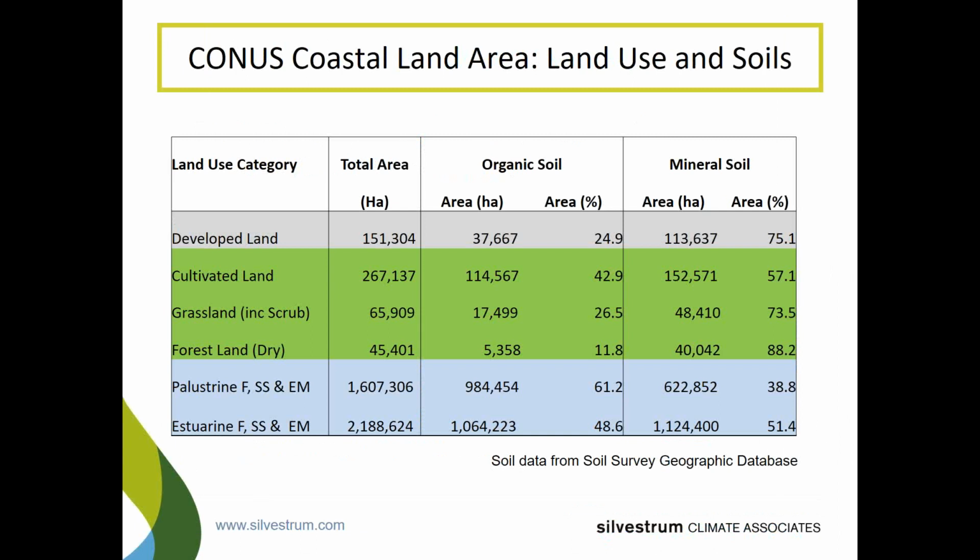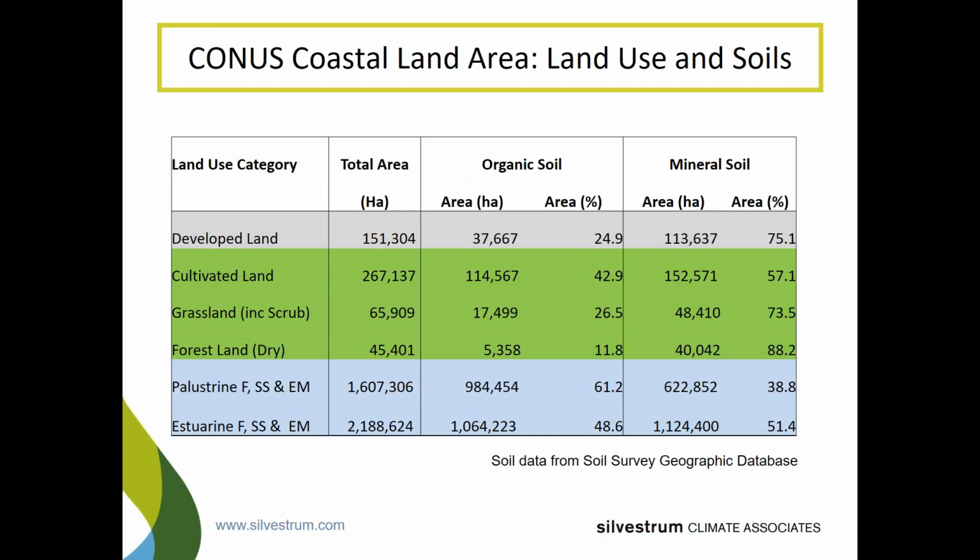And then we have two types of wetlands: palustrine forest, scrub shrub, and emergent wetlands, which are dominantly non-tidal freshwater systems, and then estuarine wetlands, forested again, which include mangroves, scrub shrub, which also includes mangroves, and emergent marsh. And they represent the dominant areas of ecosystems within the coastal land area.